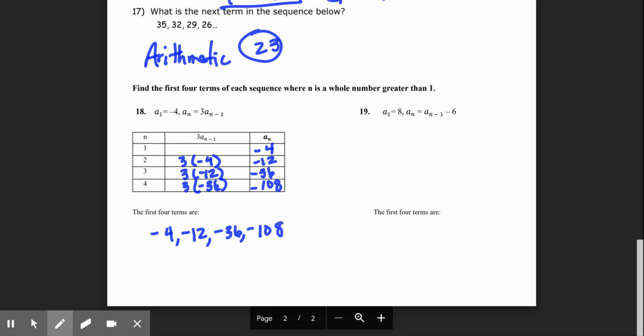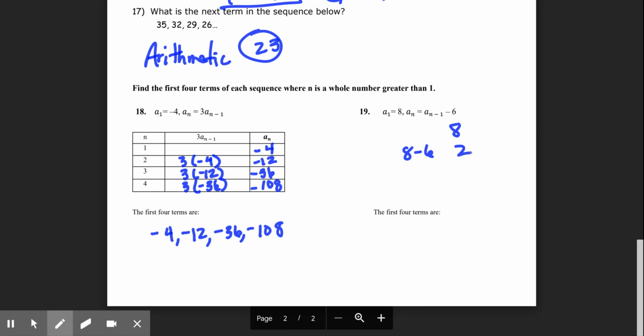Number 19. Let's see, my first term is 8. So it looks like all I'm going to do is subtract 6 from it. So my first term is 8, so don't forget that. Let me do this just a little bit neater. So my first term is 8, and then we're going to go 8 minus 6, and that gives us 2.